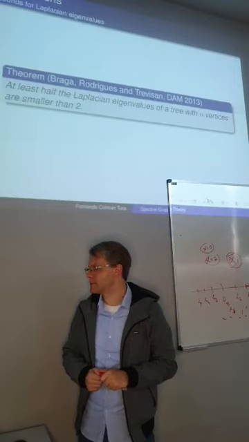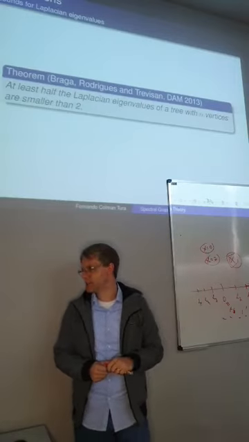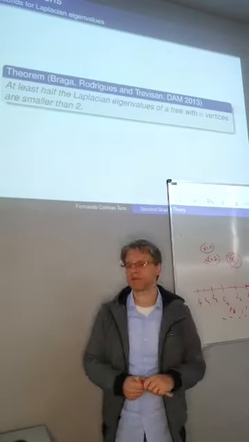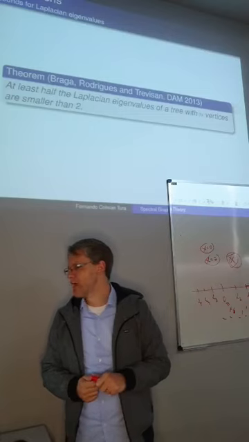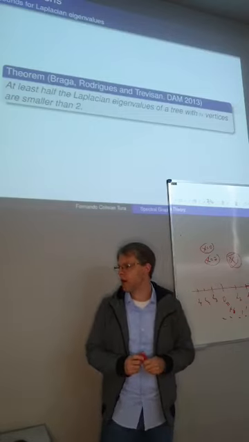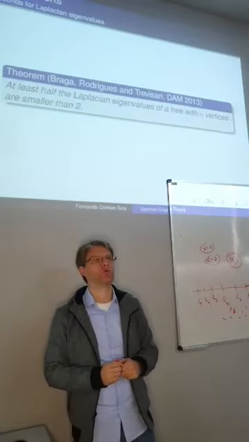Braga, Rodriguez and Teresa, in the paper published in Discrete Applied Mathematics 2013, proved that at least half of the Laplacian eigenvalues of a tree with n vertices are smaller than 2.